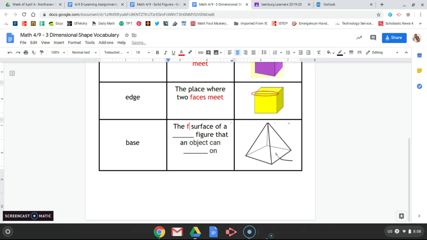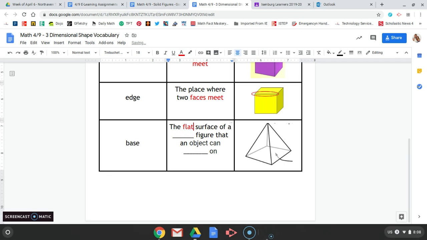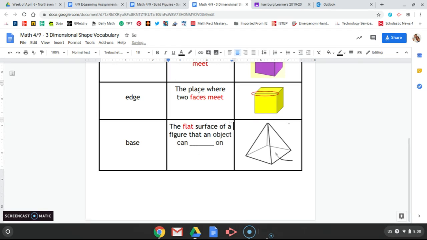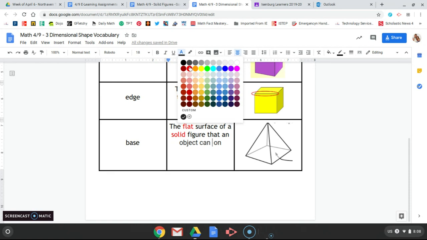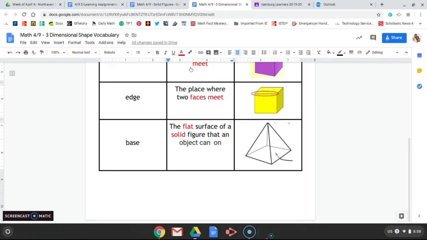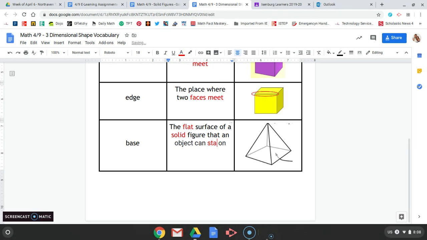We're going to say the flat surface of a solid figure that an object can stand on. So this is the only difference. The base is the part of the face of the shape that the shape is standing on.